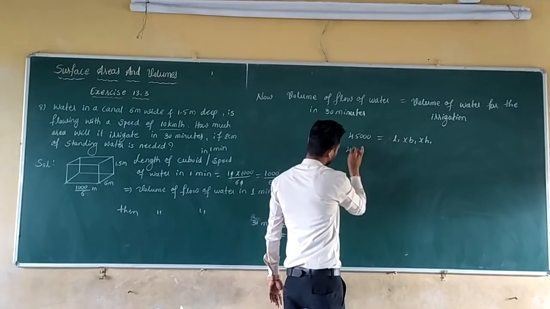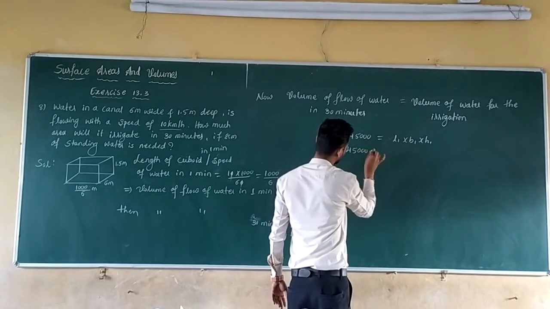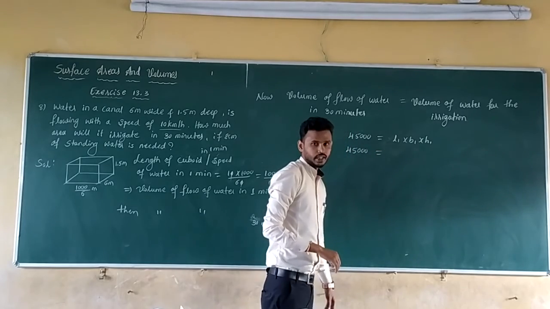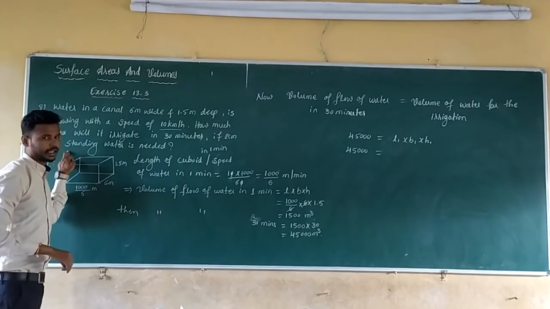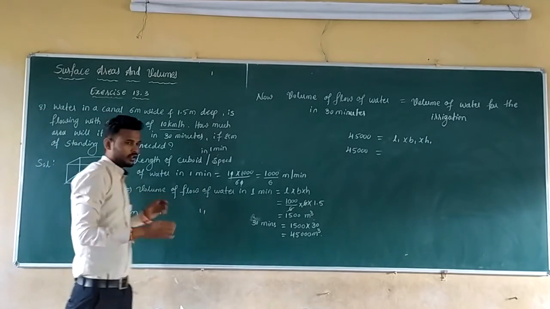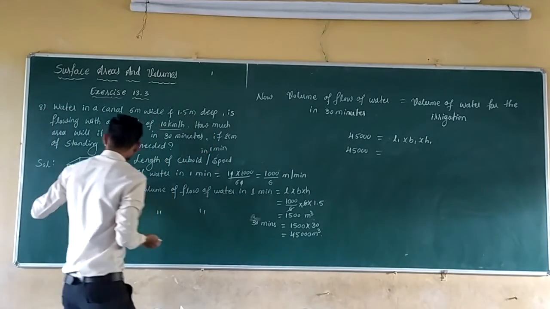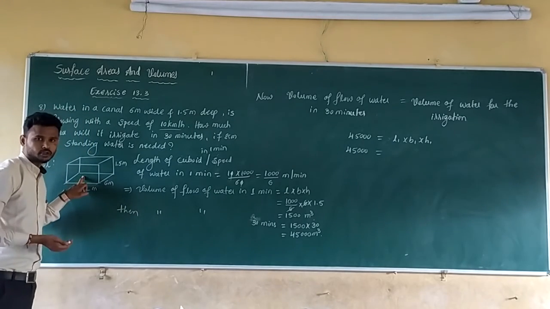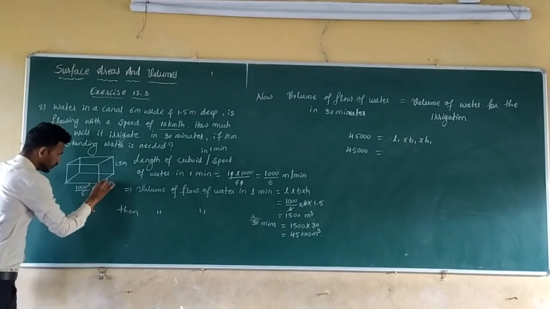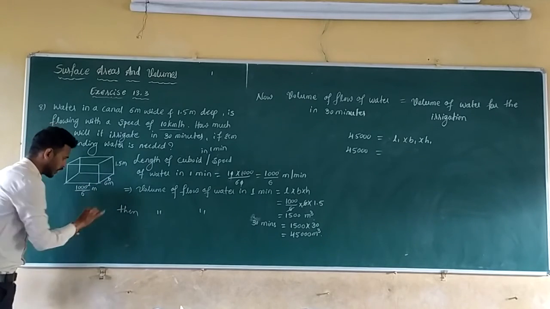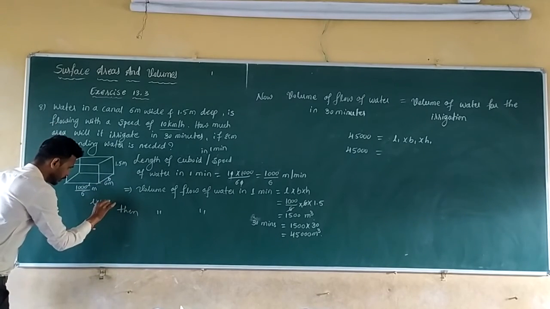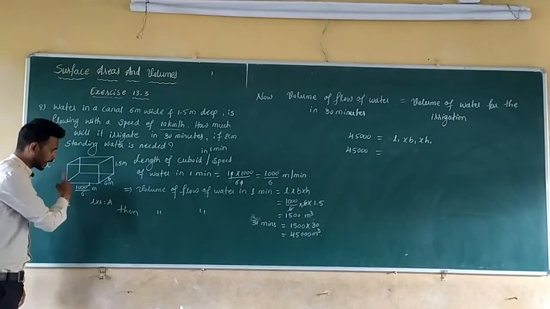So now 45,000 equals, they said to find how much area it will irrigate. So the base of the cuboid, what are its dimensions? Length into breadth, which gives the area of that rectangle shape.